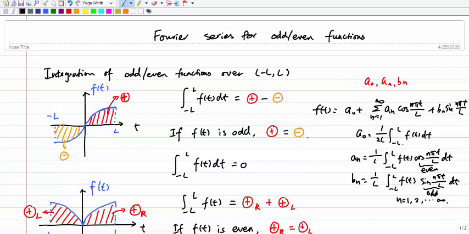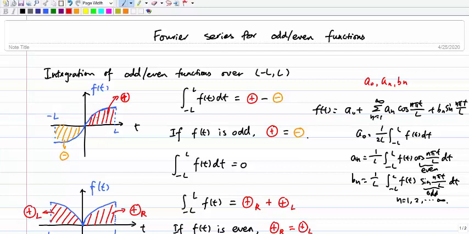So according to the definition of integration, the integral of a function f(t) is basically the area covered below the function, or above the function if it's negative, okay? So here, let's say f(t) is an odd function. Which means if for some t the f(t) is positive, for negative t it becomes negative. That's why you get this shape, because if this is positive it's going to negative, okay?